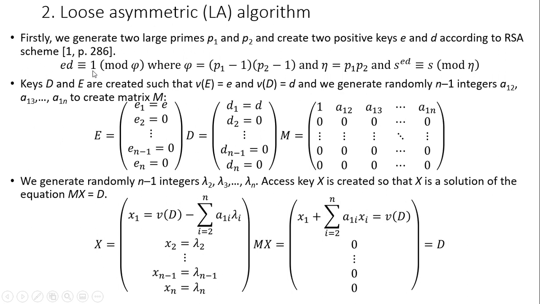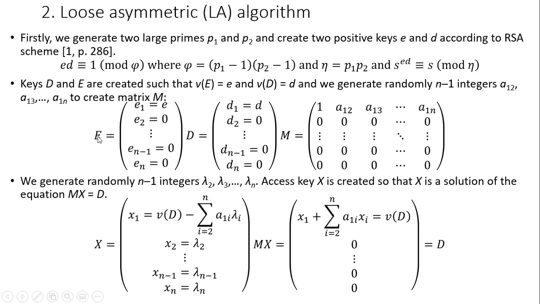ED is congruent to one modulo phi, where phi is the product of p1 minus 1 and p2 minus 1, and N is the product of the two primes p1, p2, and so S^ED is congruent to S modulo N. Keys D and E are related such that VE equals lowercase e and VD equals lowercase d, and we generate randomly n minus 1 integers a12, a13, a1n to create the matrix M.